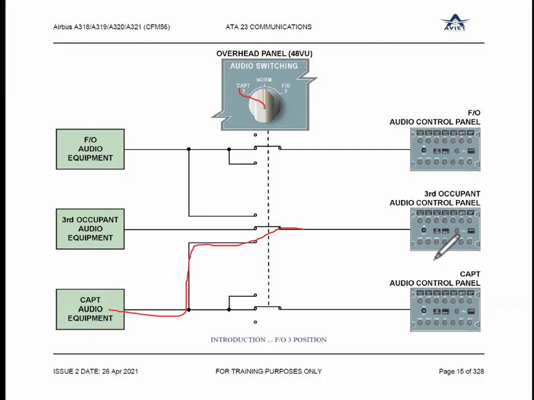you can still use the one on the third occupant to transmit everything that you need from your side. No. You mean to say you want to transfer the captain ACP to the third occupant?